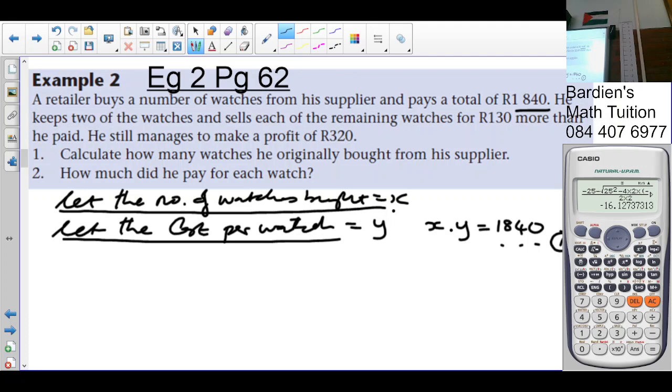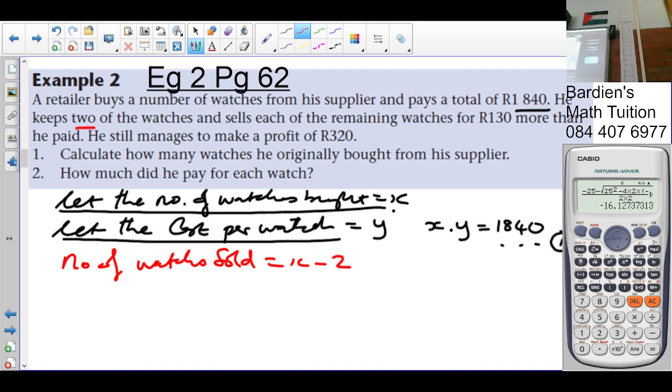Then we read on. He keeps 2 of the watches. If he keeps 2 of the watches, then the number of watches sold is X minus 2. That's the number of watches sold.